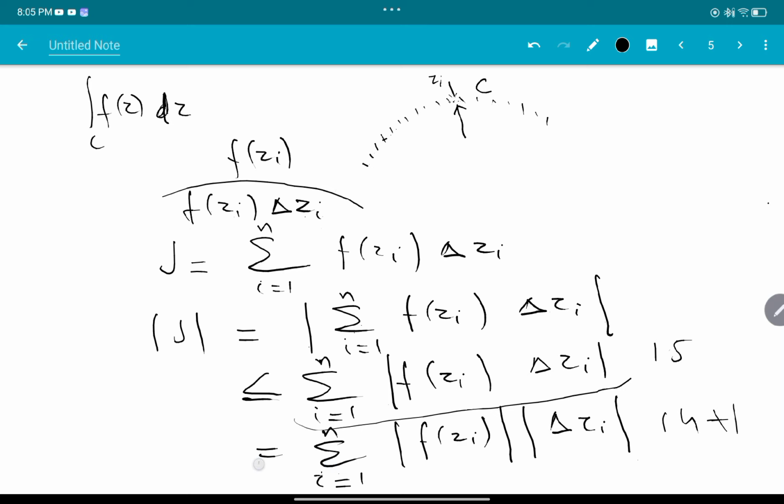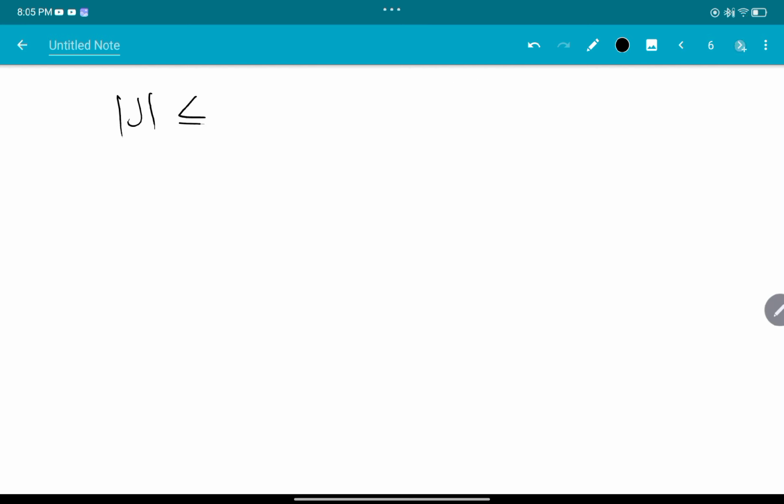When you write this equal, this means these two are equal, not that these two are equal, and this is less than this. So you have this situation here: summation i equal to 1 to n, then we have f(zi) into delta zi.